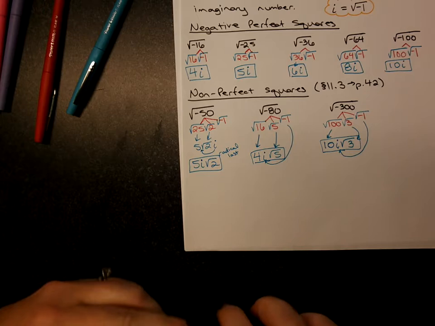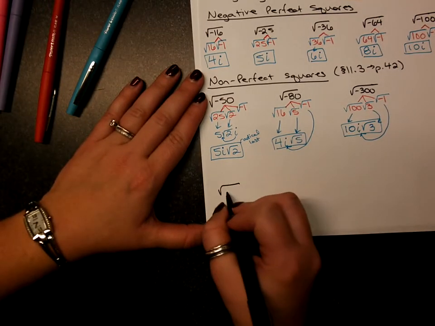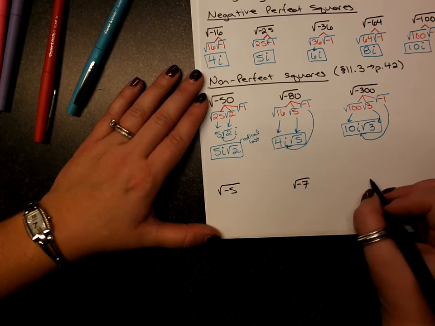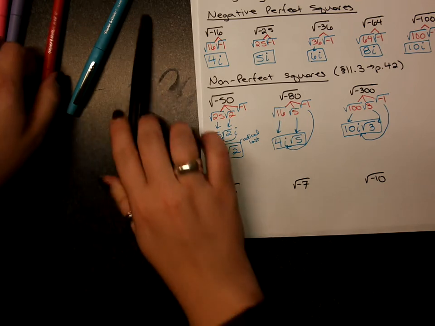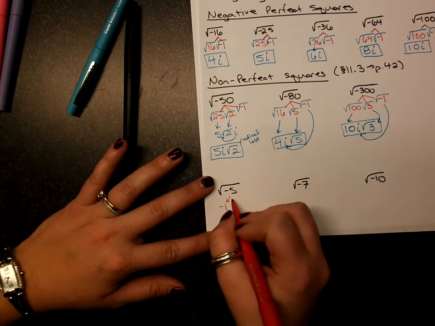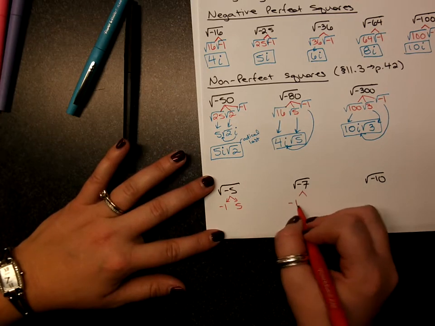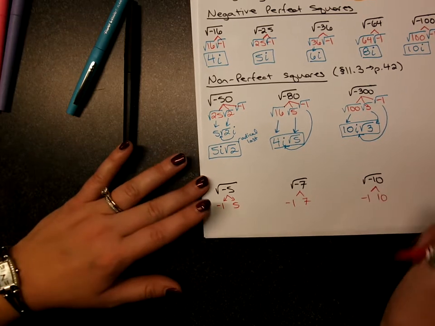If you have values that don't have any perfect squares in them, like the square root of negative 5, or the square root of negative 7, or the square root of negative 10, if you have values like that, you separate just the negative 1 out and leave the 5 in. Separate the negative 1, leave the 7, separate the negative 1, leave the 10.